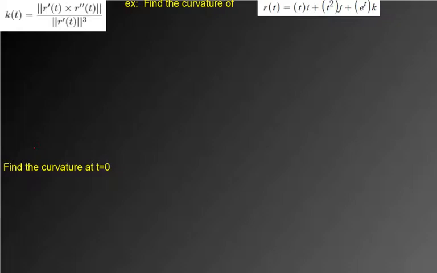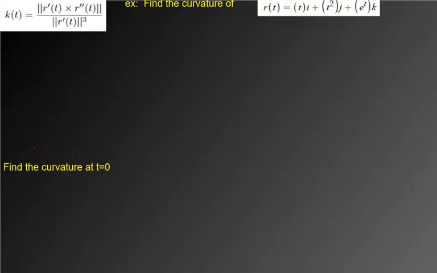So I just wanted to do an example of one of these. So just finding the curvature of this vector valued function, and we're going to use the 3D version because we have 3 components. And then just to show you, because this is going to be a function of time, we can plug in t = 0 and get the actual measurement of that curvature at time 0.